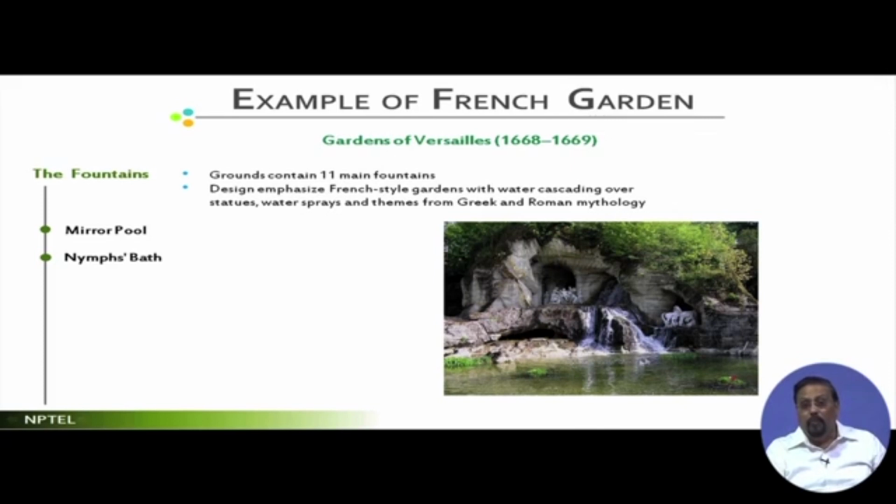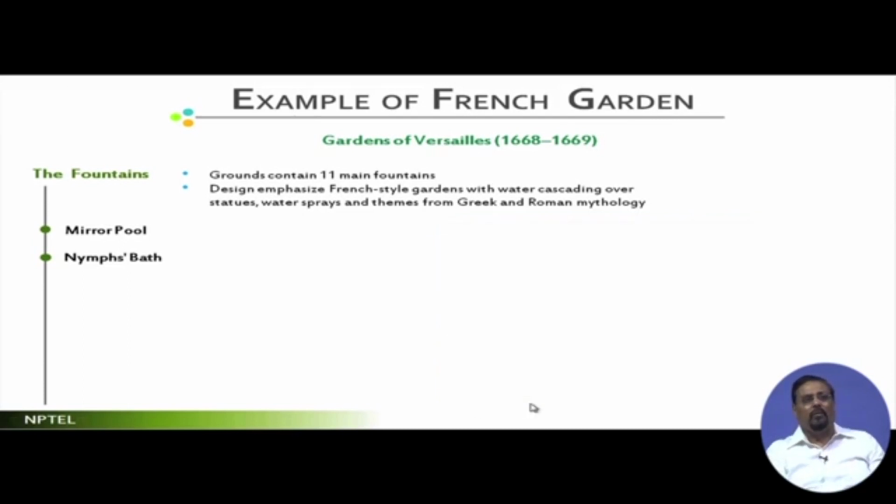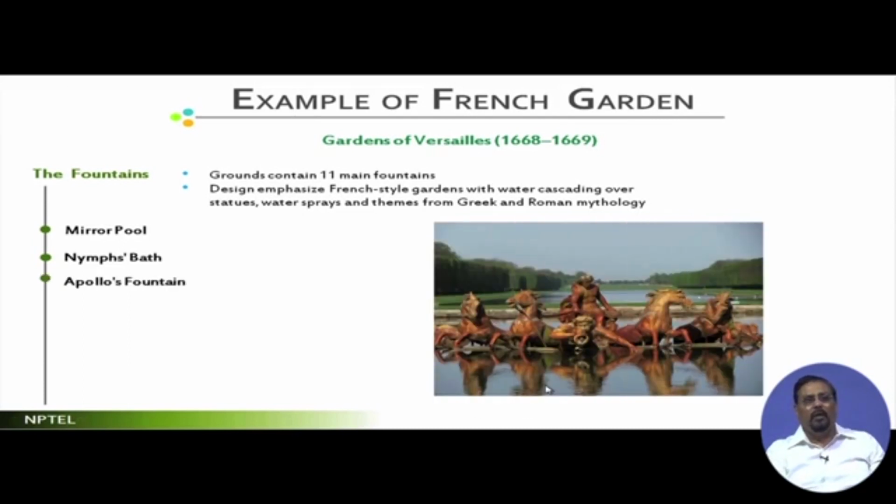Then nymph baths. Basically, it is a bath here with flowing water, water cascading over statues. If you remember, I just now said, basically the statues of nymphs and all. So, these are all for some kind of decorations or reflections of some historical or religious or such kind of myths and such other. Then comes Apollo's fountain, a very famous one.